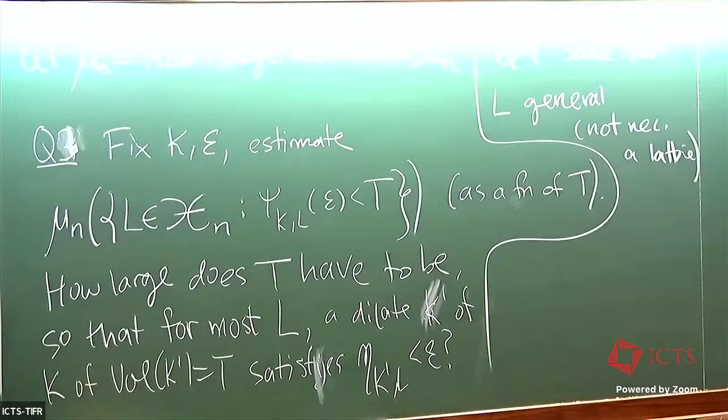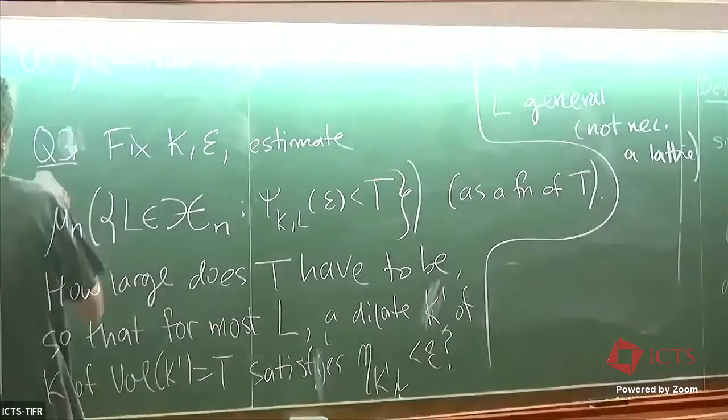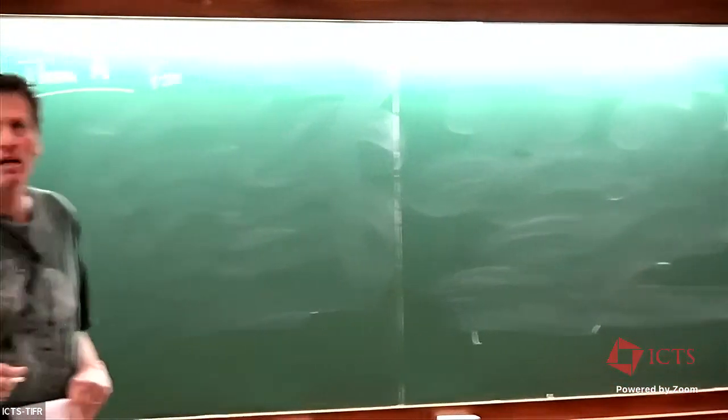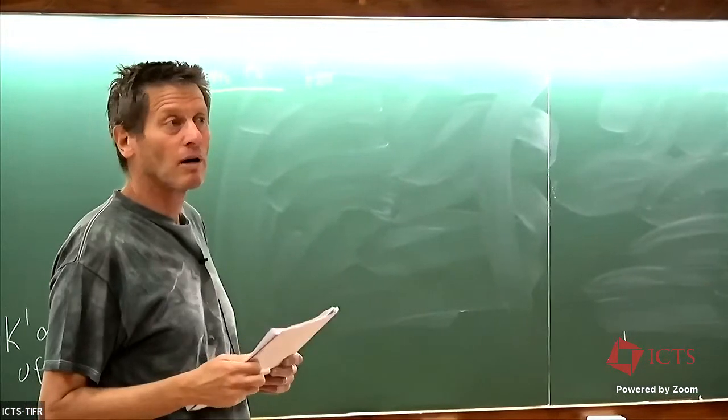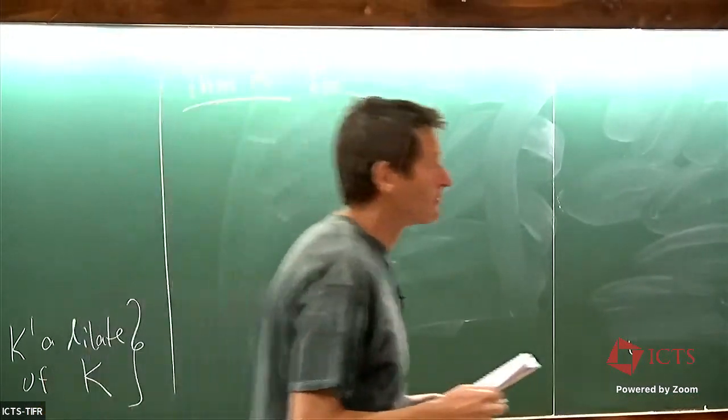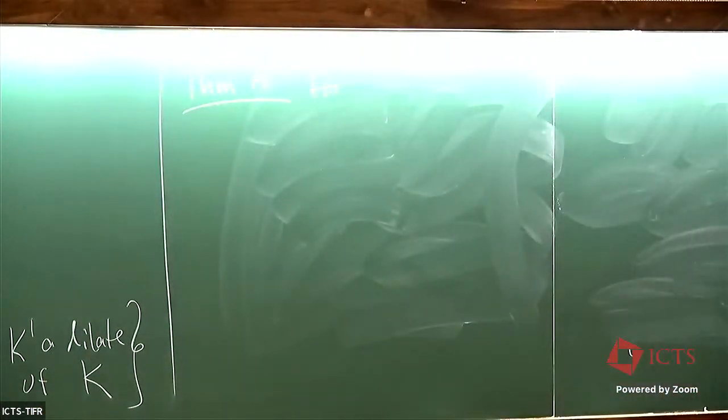The first theorem that I want to call Theorem A is about question 3. I'm going to state two theorems, Theorem A and Theorem B. Theorem A is going to be about lattices. Theorem B is going to be about general L. Pardon? I think it says not necessarily a lattice.